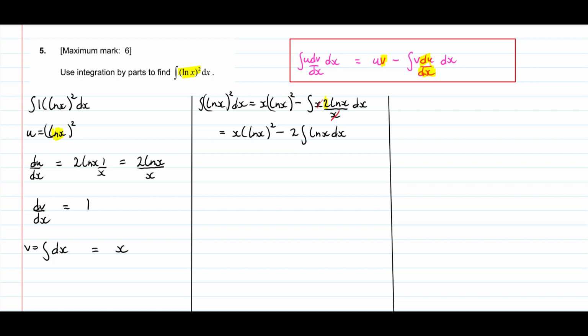So now I need to find this integral of ln x, and to do that we're going to need to integrate by parts again. So we'll use the same trick that we did before.